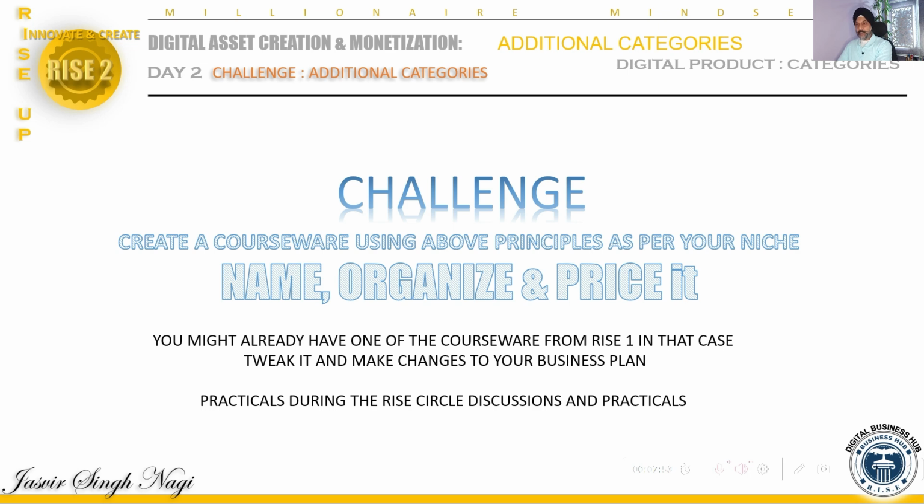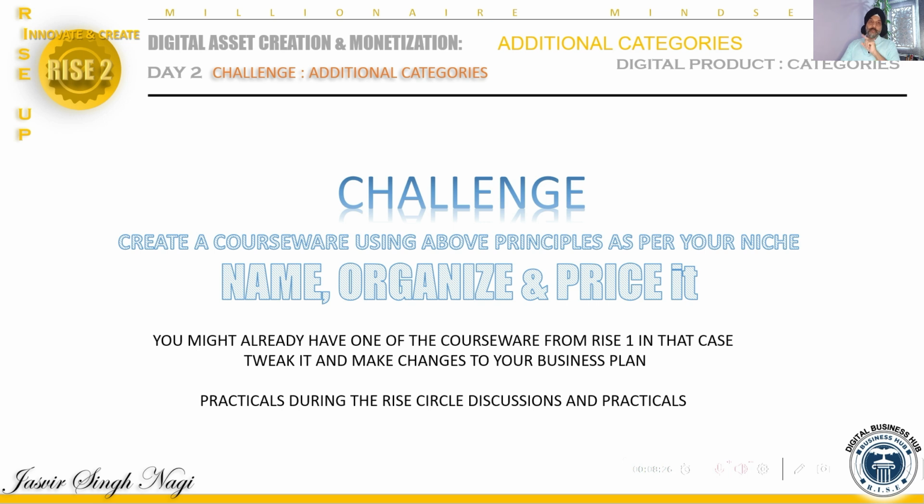Now that brings us to the end of day 2, and here's the challenge. Whatever you learned in the courseware, please construct one as per the steps shown. Now if you remember, there was a courseware asked for you to be done earlier. You can tweak that using these steps. If you think there's some better learning that's come about and you can do better with that, please do that, and create one more course, create the courseware and bring out your issues during your RISE circle.